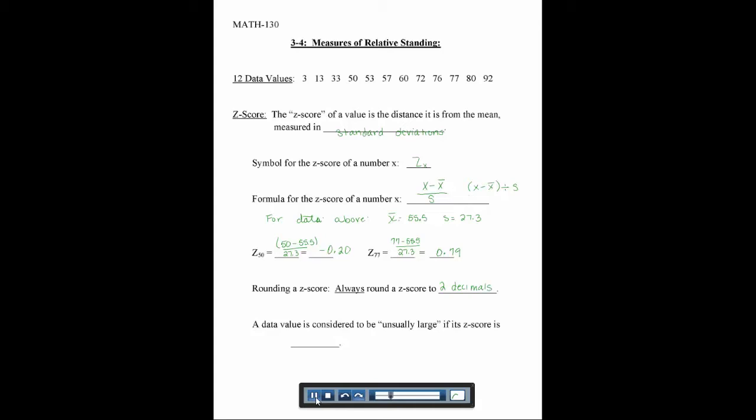Okay, so now, we talked about the range rule in section 3.3, when something was unusually large or unusually small, and we can actually say that in terms of z-scores. So a data value is considered to be unusually large, it would be over the maximum usual value, if the z-score is greater than 2.